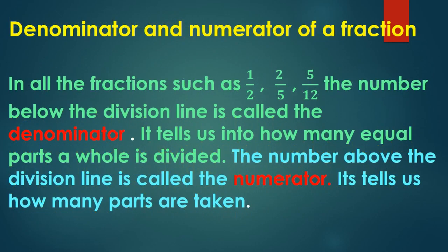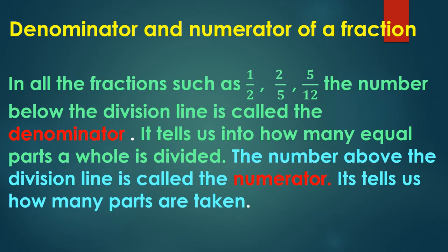Now see denominator and numerator of a fraction. Every fraction has a denominator and a numerator, such as 1 upon 2, 2 upon 5, 5 upon 12. They all are fractions. The number below the division line is called the denominator.